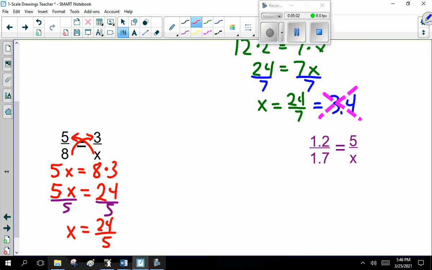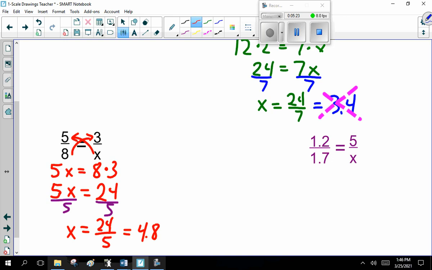So 5x equals 24. How do you get rid of times 5? You divide both sides by 5. So you get x equals 24 over 5. Now somebody's going to grab the calculator and say, Mr. Sutton, that's 4.8. Don't do that. It is a fraction, please.